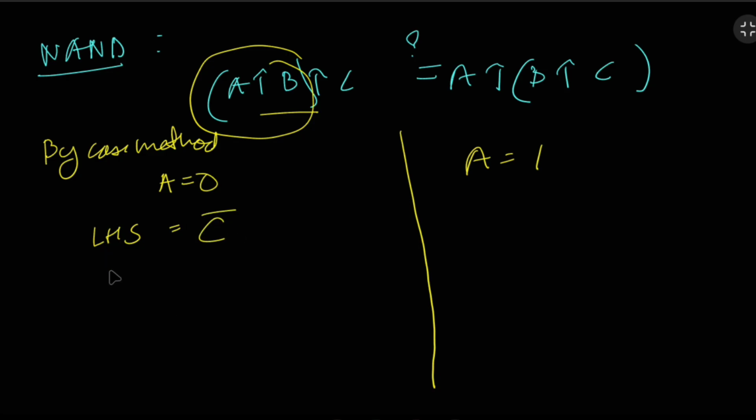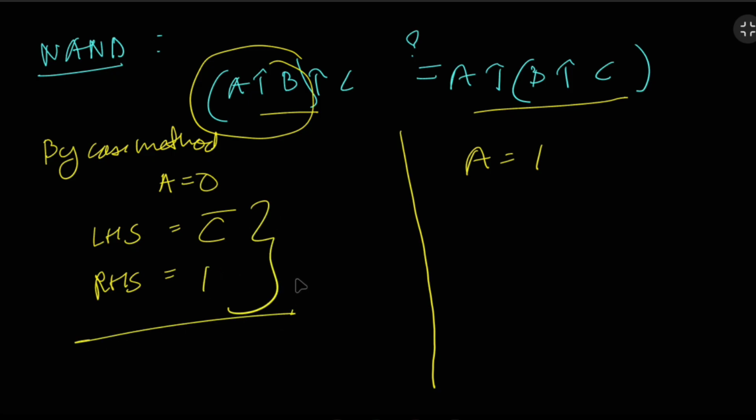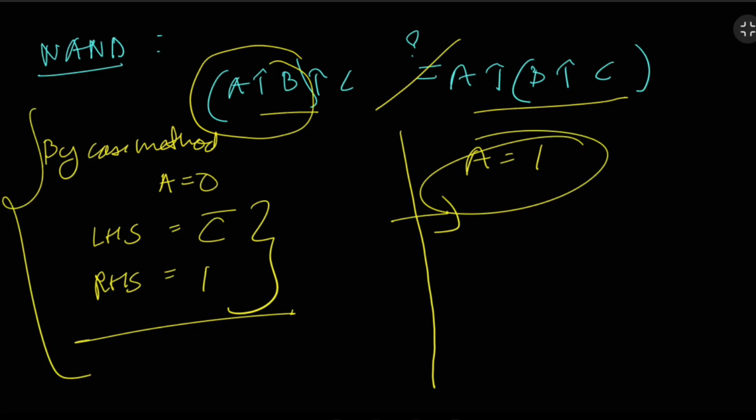Now for the RHS side, 0 NAND anything, that will be 1. Are they same? They are not at all same. Definitely not same. So we can say that they are not same. You don't need to check A equal to 1. You failed in the first case only.